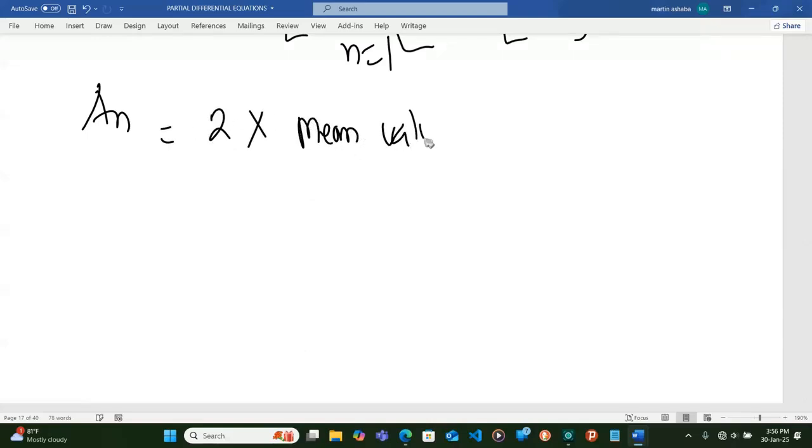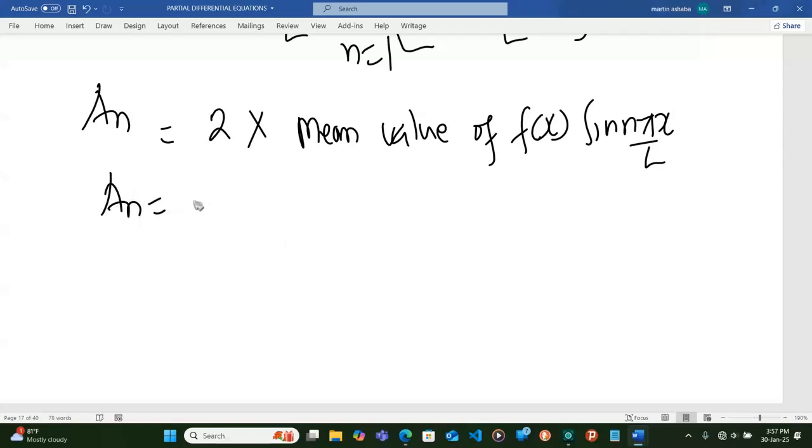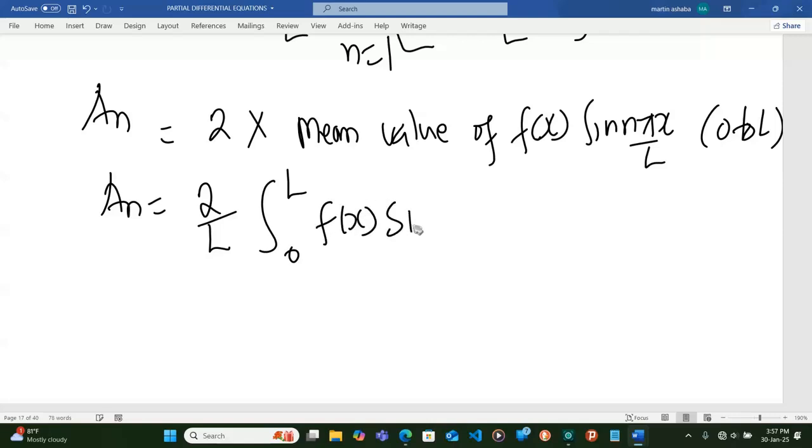So we are talking about the Fourier coefficient, the mean value of f of x and sine n pi x out of L. So An is going to be 2 divided by L, from 0 to L of f of x sine n pi x out of L dx.